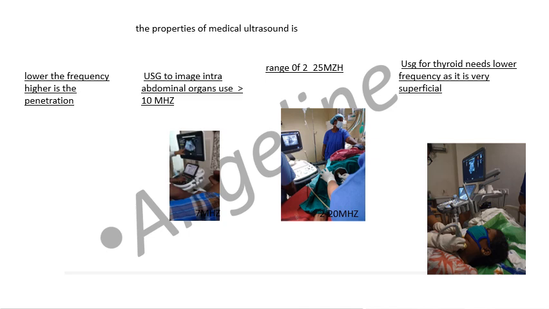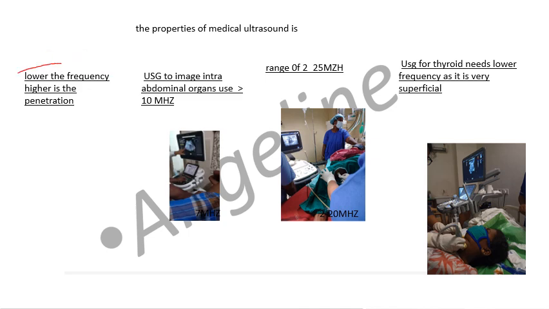Now, ultrasound for thyroid needs lower frequency as it is superficial. Mind you, the more superficial, the higher the frequency you need. Deeper, you need lower frequency. So this is wrong, and this is your right answer.